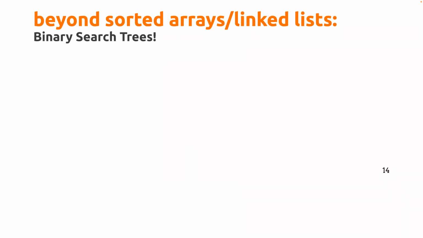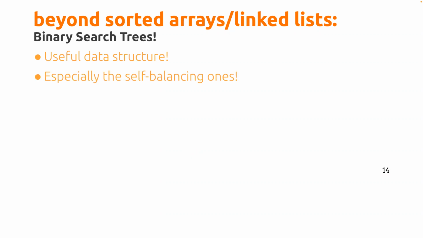Cool. All right, so beyond sorting and linked lists, we didn't cover beyond sorted arrays mostly. We talked about binary search trees, which are a useful data structure, especially the ones that balance themselves. Do you guys remember there was one binary search tree we talked about that is self-balancing? That's a special name. Red black tree, exactly.